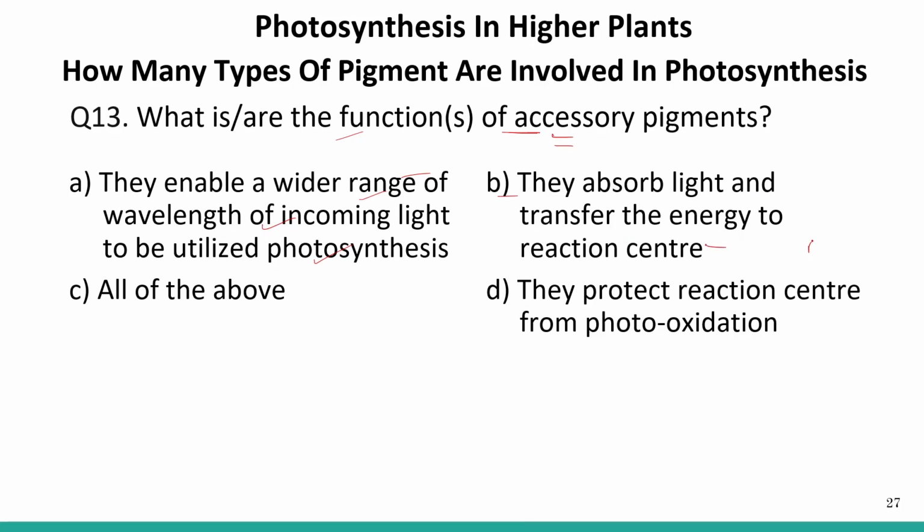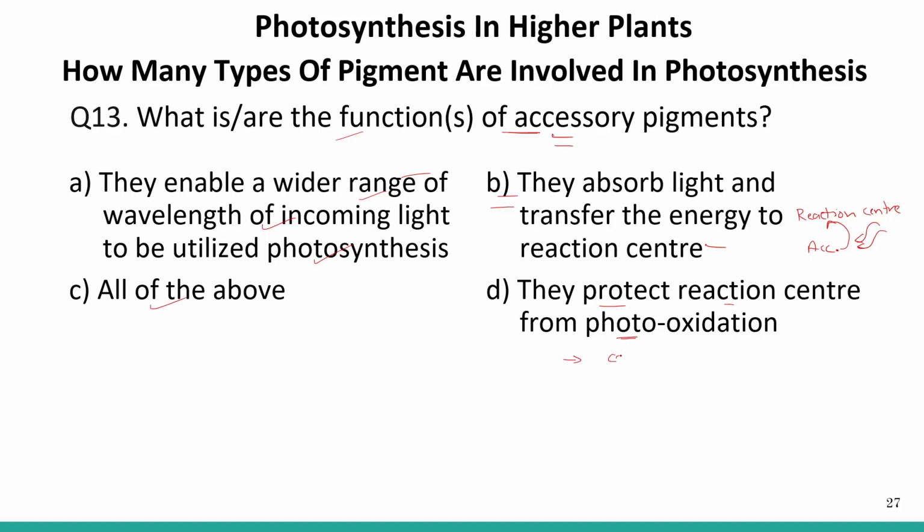We know that accessory pigments absorb the sunlight, and they transfer the energy to the reaction center, which is chlorophyll a. So this option is also correct. C option is all of the above, and the fourth option, they protect the reaction center from photooxidation.